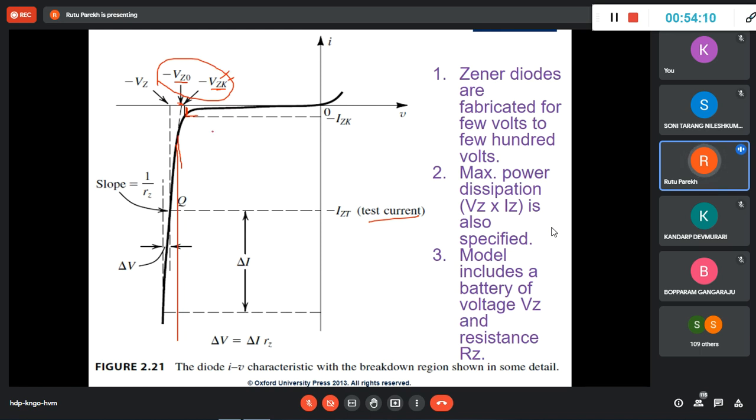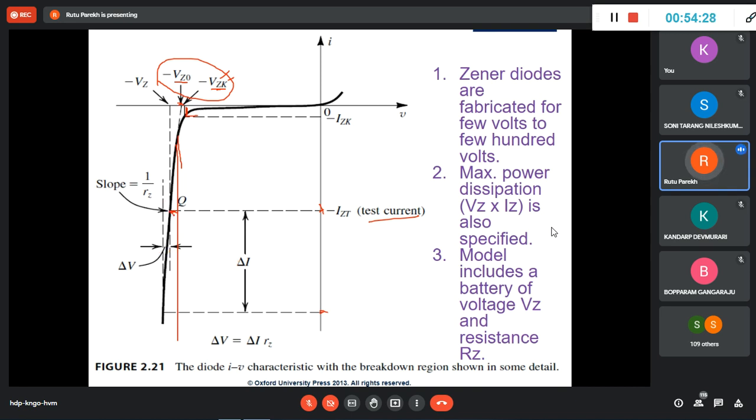Now, you can see also that this is the line for the current, okay? And it operates in the reverse bias. So we are talking of this third quadrant. And if the current is changing from here to here, that is delta I, the delta V changes, right?